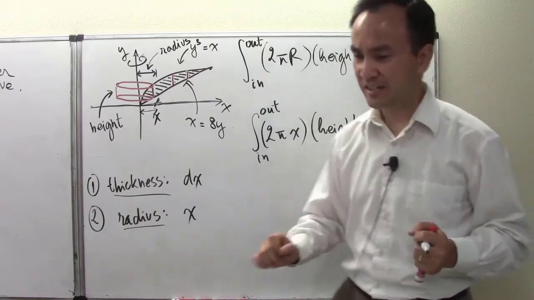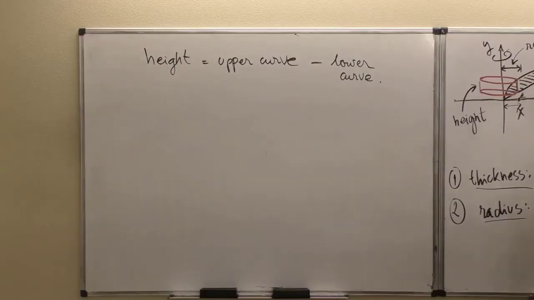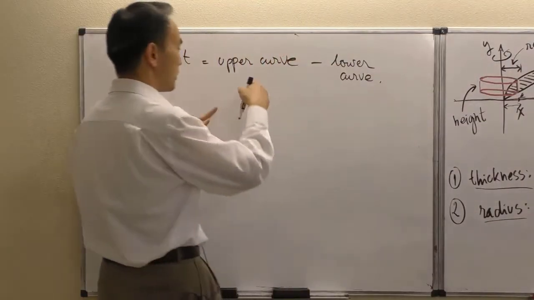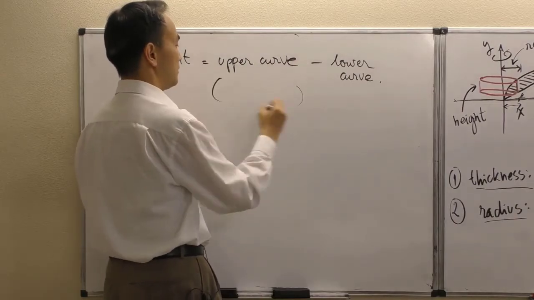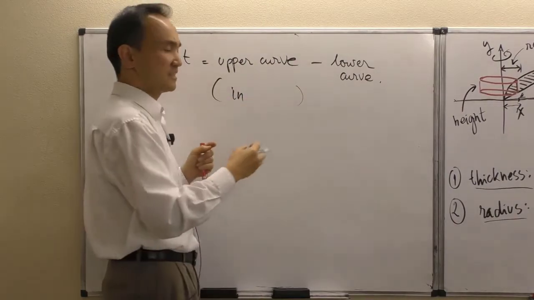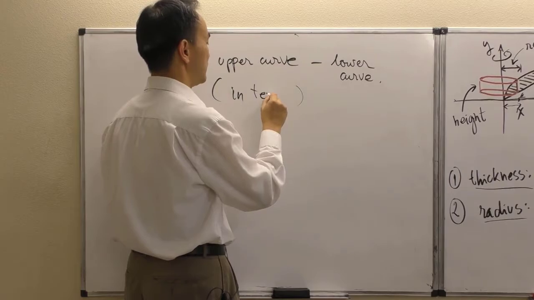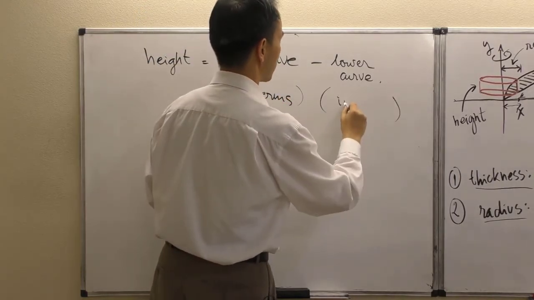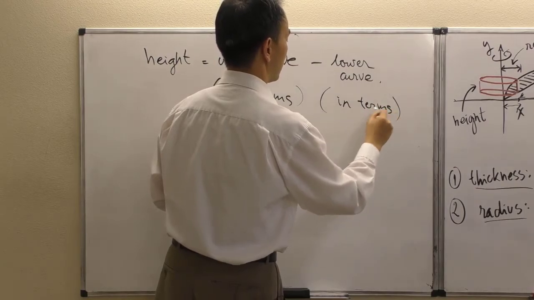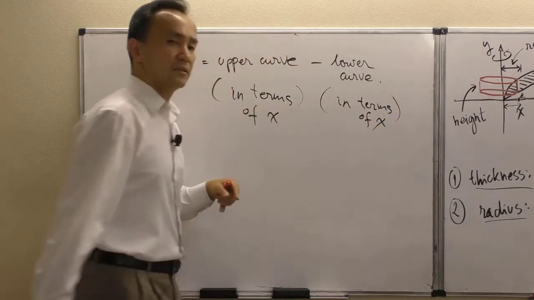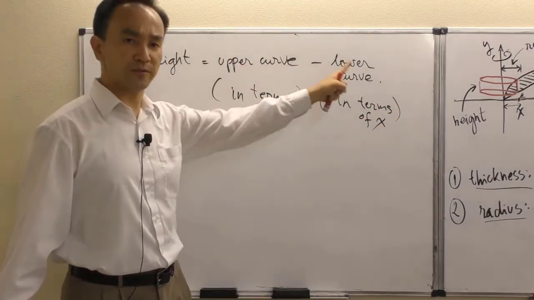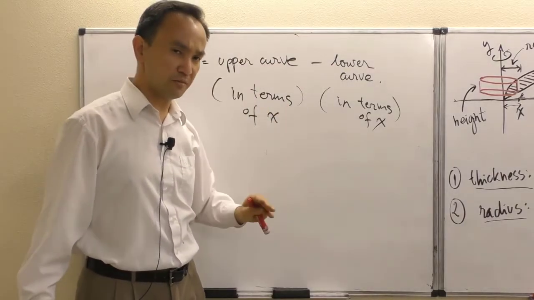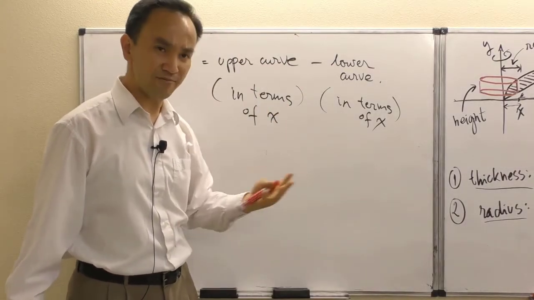So it is our responsibility to ensure that the upper curve is, in terms of x, and the same with the lower curve, in terms of x. We need to make sure both curves are in terms of x. Do we have that yet?